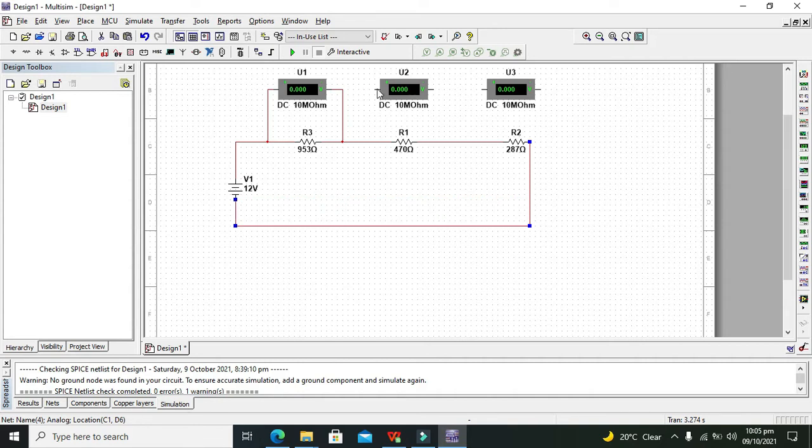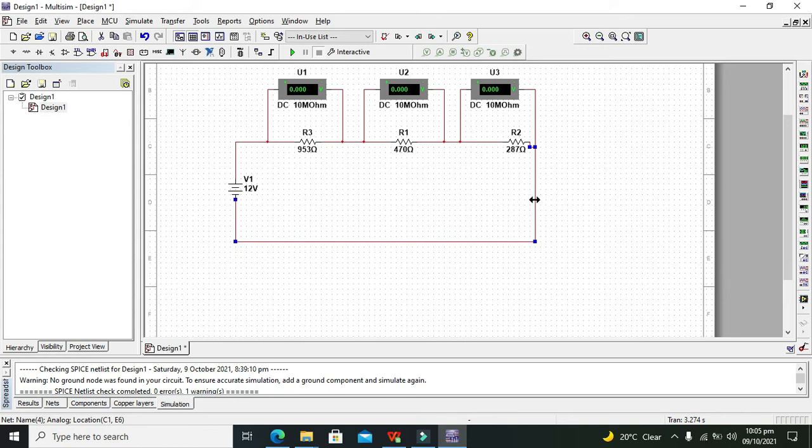We also need to connect the ground on the bottom because it is necessary. And these voltmeters must also be connected in parallel because voltage is always measured across the component.